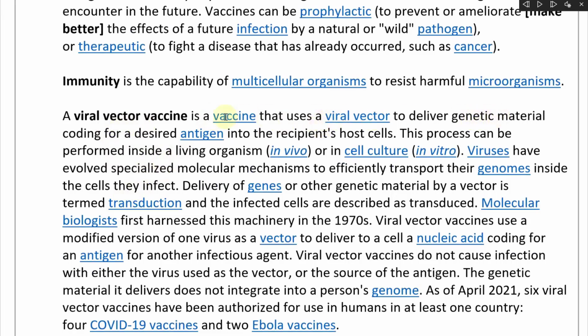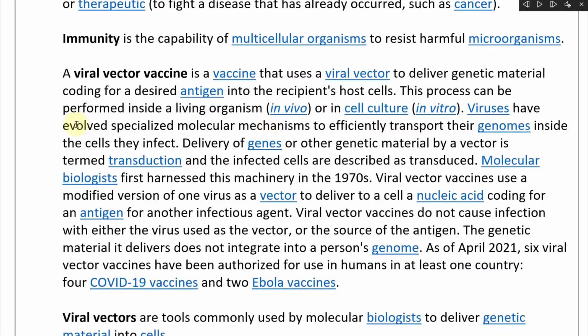vector to deliver genetic material coding for a desired antigen into the recipient's host cells. This process can be performed inside a living organism, in vivo, or in cell culture, in vitro. Viruses have evolved specialized molecular mechanisms to efficiently transport their genomes inside the cells they infect.